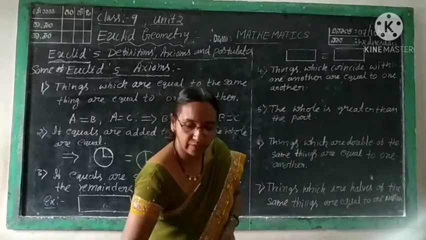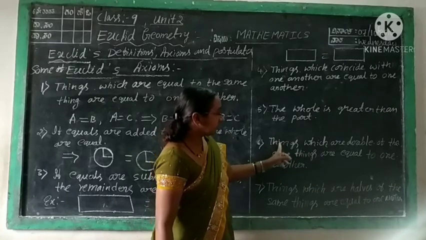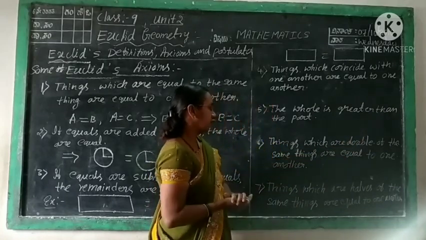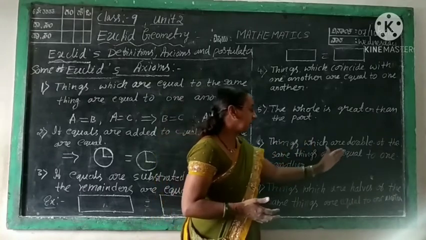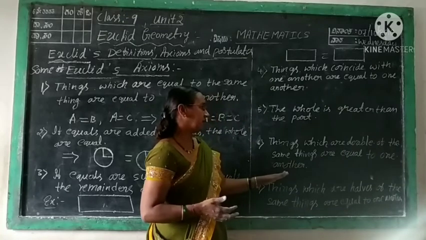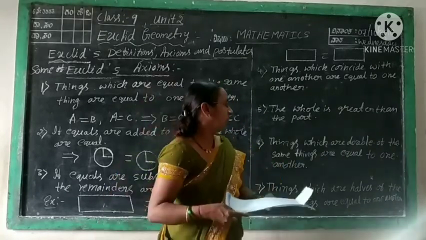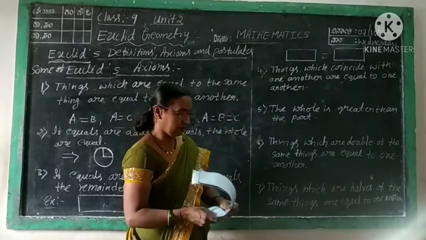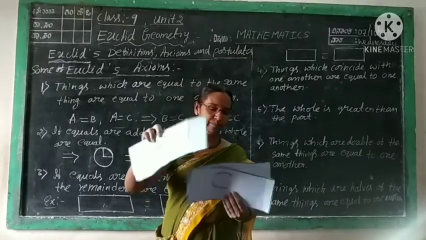Then the sixth one, things which are double of the same things are equal to one another. Three rectangles we show here.